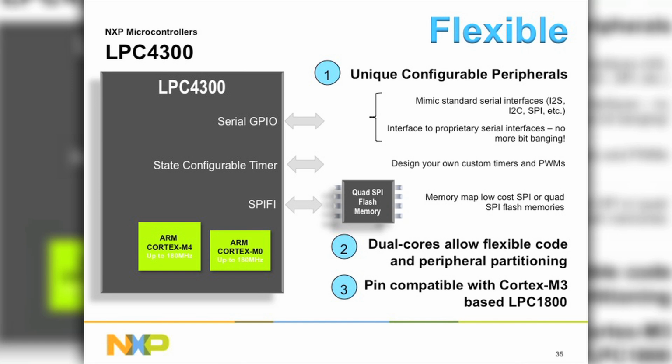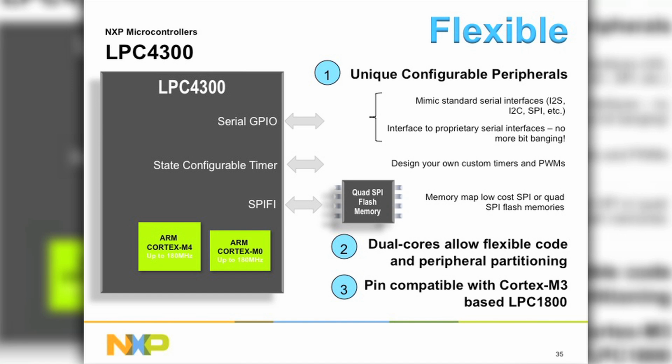So serial GPIO is a way of, how many people are familiar with the term bit banging? Okay, if you had to interface to some non-standard interface, how would you do it? You'd set a timer, you'd have to get your processor to interrupt, change a level. Basically, you're using your processor to create a waveform.